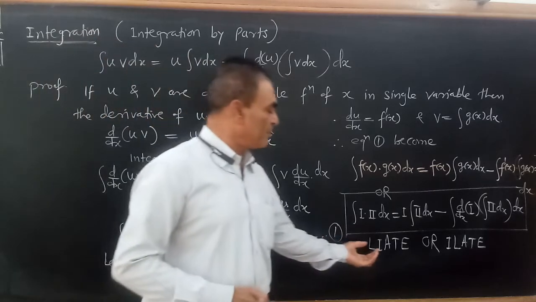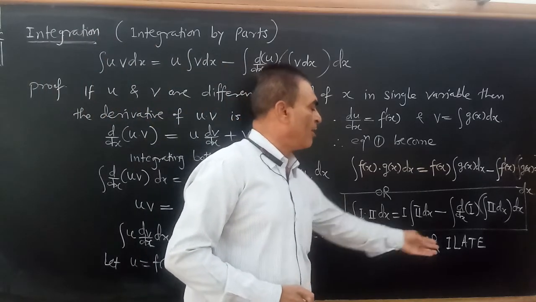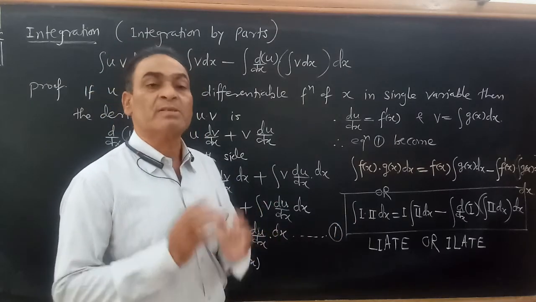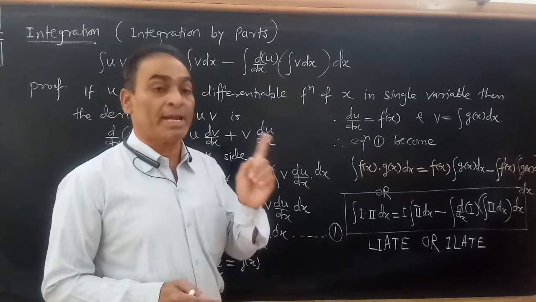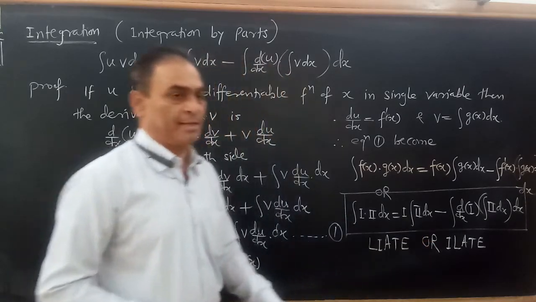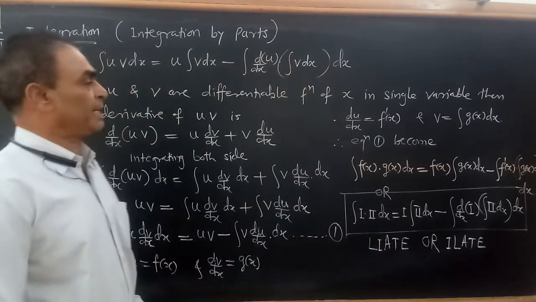Some are given in this way or in this way, it doesn't matter, but you must select first and second function by using the order of letters LIATE. Then easily you will get the answer.